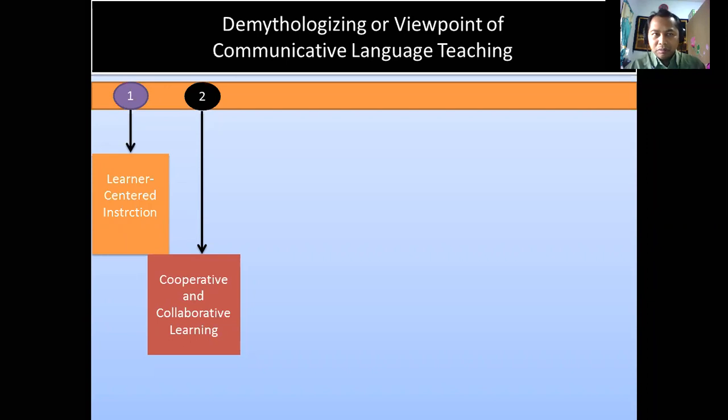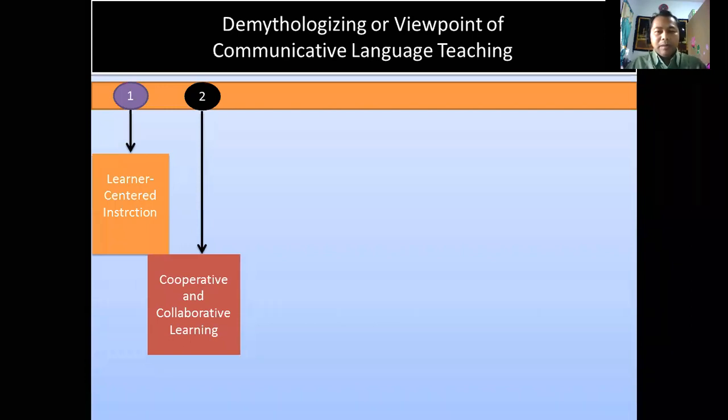But not to get into that debate, let's first understand the concept that cooperative and collaborative learning is an implementation of communicative language teaching itself. This is not another approach. Cooperative and collaborative learning is not another approach, but the implementation of communicative language teaching. So communicative language teaching with the 6 characteristics should be implemented in the classroom.